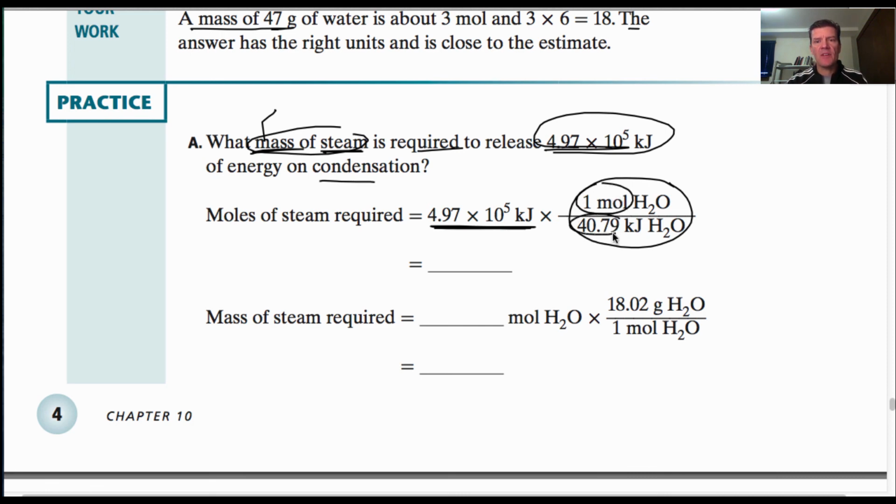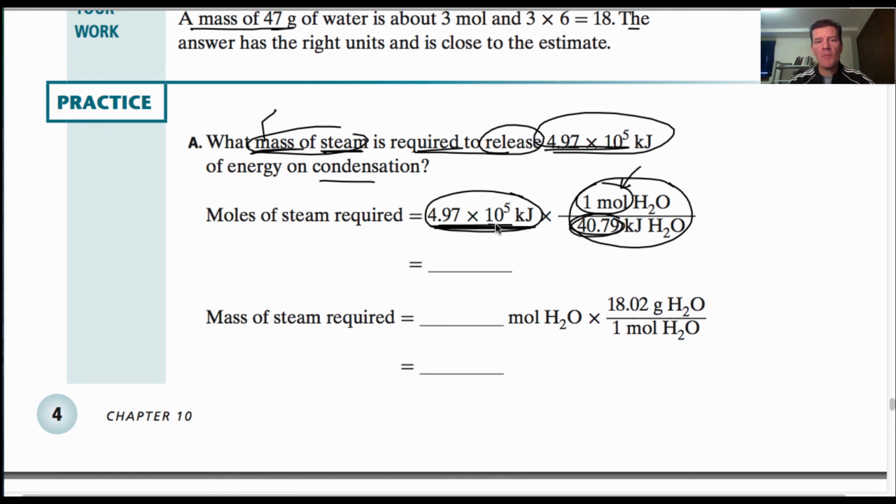It's also the amount that would be put in to turn it into a gas. So both directions, either taken out or put in. But in this case, we're taking it out. We're going to try to release that energy. So this is the energy that's released, and we know that 40.79 kilojoules is released per mole of water.